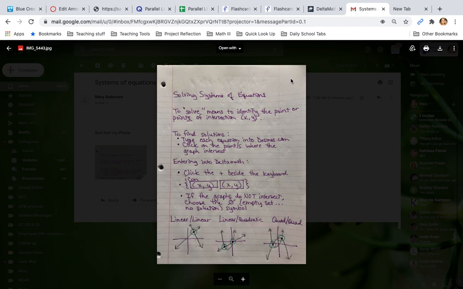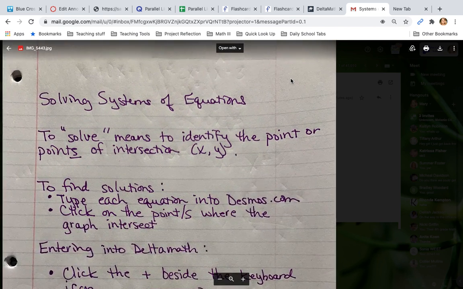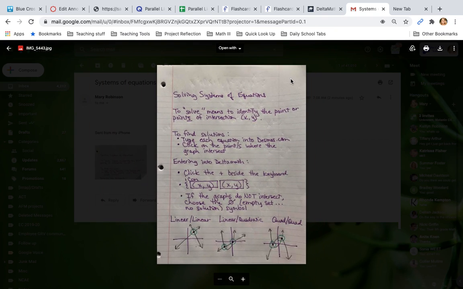You will have a quiz tomorrow, and this is probably the easiest lesson we're doing all year, because you're literally just going to type this into Desmos and enter the solutions. Okay, so get these notes down. You can pause the video now if you like, or if you want to just copy them afterwards, whatever. Take a screenshot now and copy later, that's fine. But I'm going to go ahead and read this to you first.